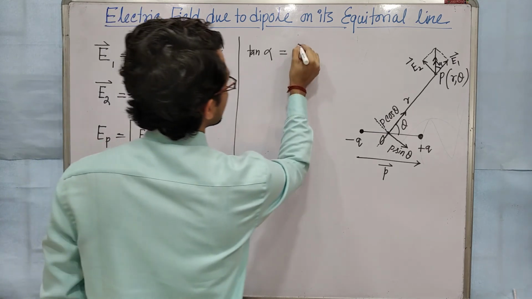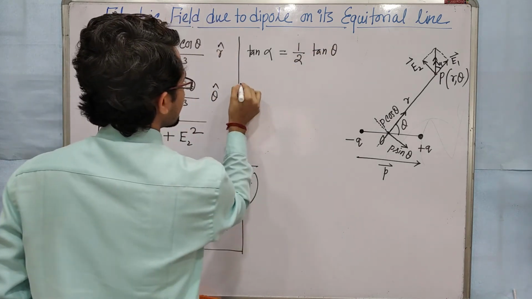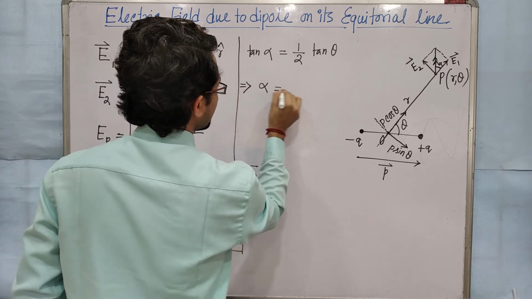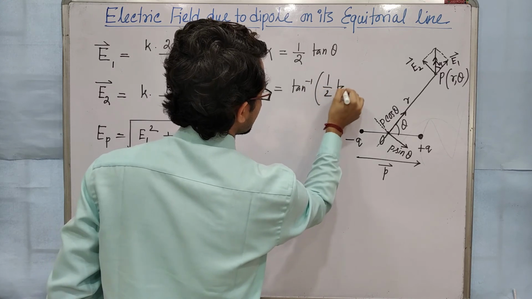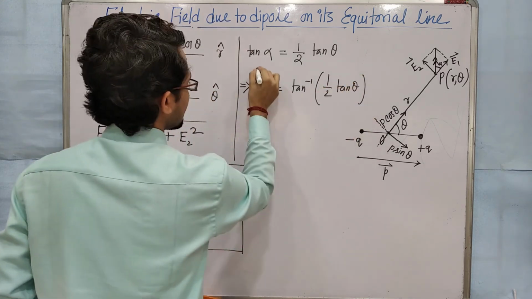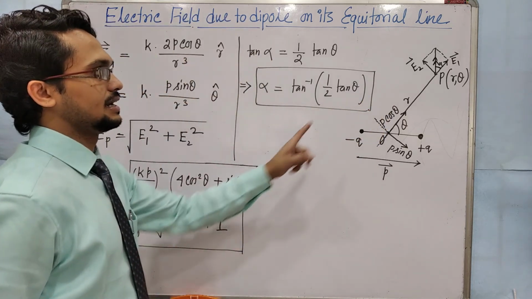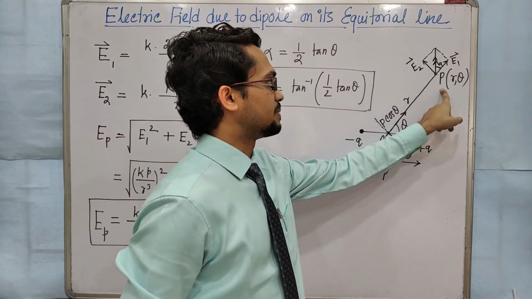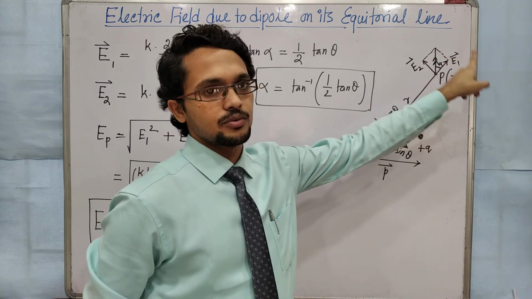So at the end, alpha will be tan inverse half tan theta. This is the angle of the resultant electric field at point P with E1.